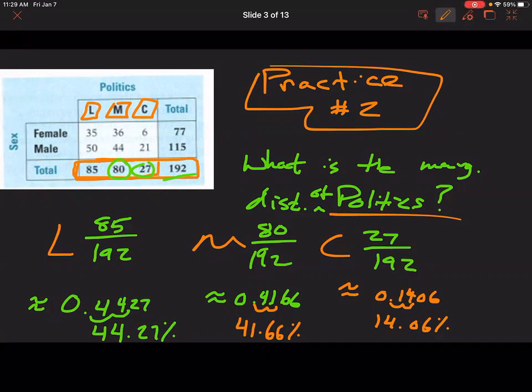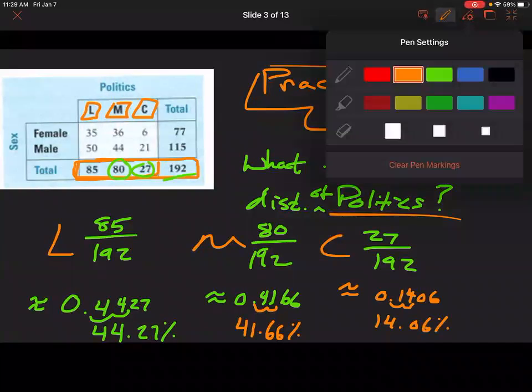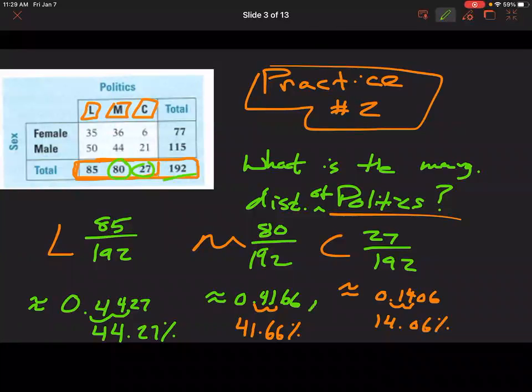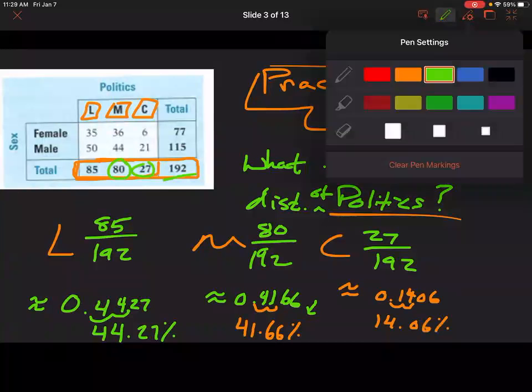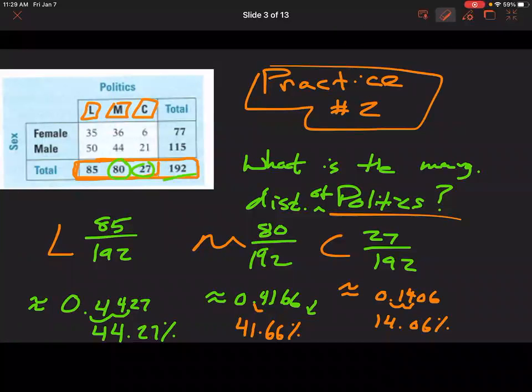Okay, so see, those do add up to 99.99%. So that was probably a rounding issue on this one. This should probably be 41.67%. But actually now, before we go into it, let's just go ahead and leave our answer. Just keep that in the back of your mind that you may need to tweak things in the future.